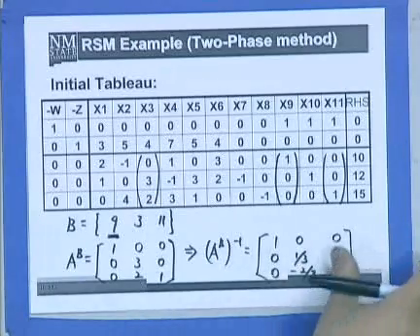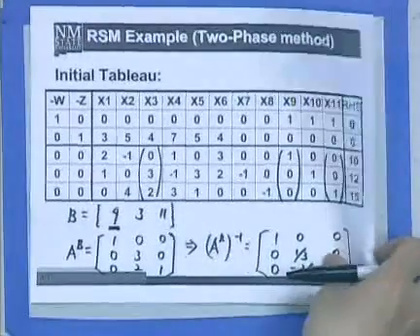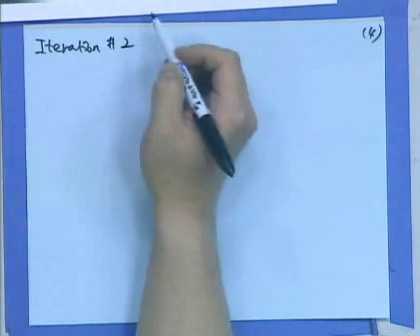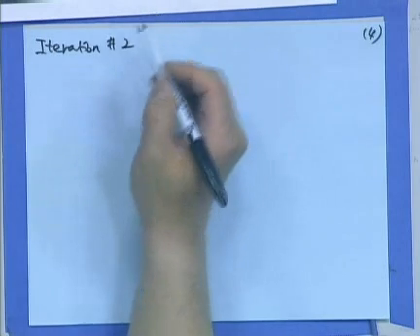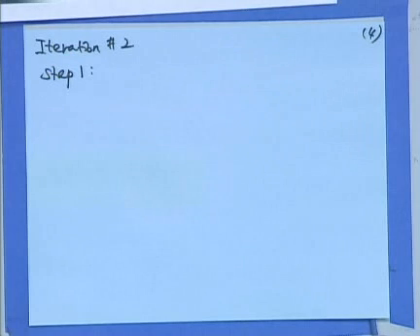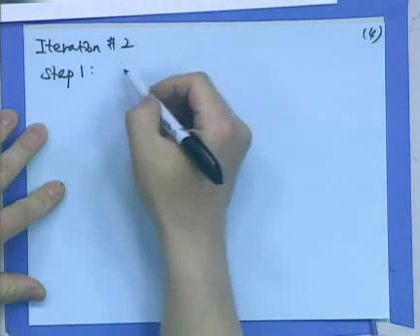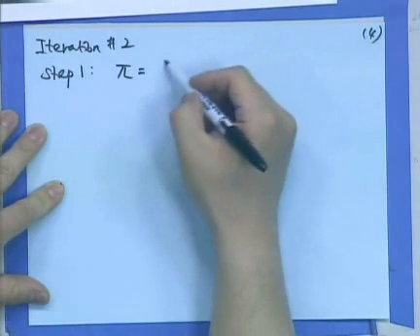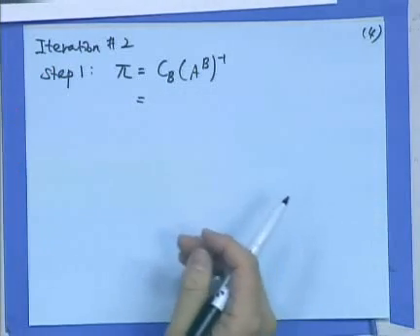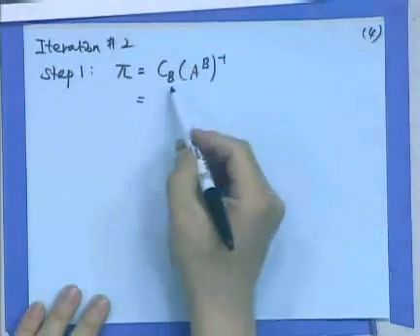Now we are ready to begin another iteration of the revised simplex method for phase 1, right? So iteration number 2. The first step is to compute the simplex multiplier vector pi. What is the CB?